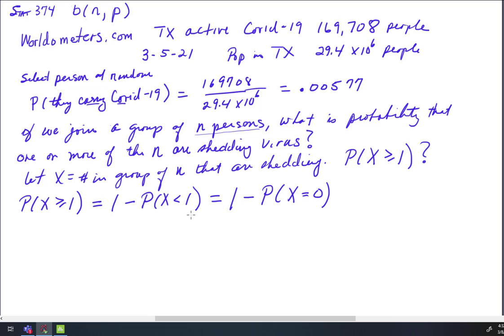Now, at this point, I think we might as well just look and see what kind of a random variable X is. So X is defined on n repeated trials. The n repeated trials would be the n people. You look at the first one, they're positive or they're not. You look at the second one, they're positive or they're not. You look at the third one, they're positive or they're not.